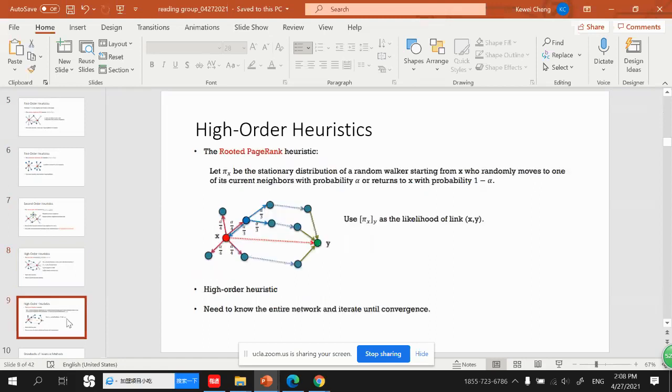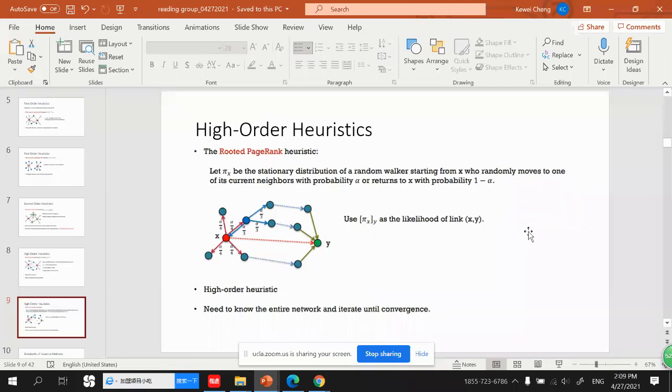Another commonly used high order heuristic method is rooted PageRank. This is a very common method, and I think most of us will be very familiar with it.